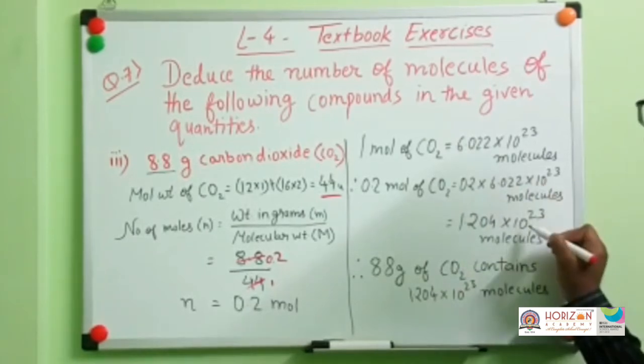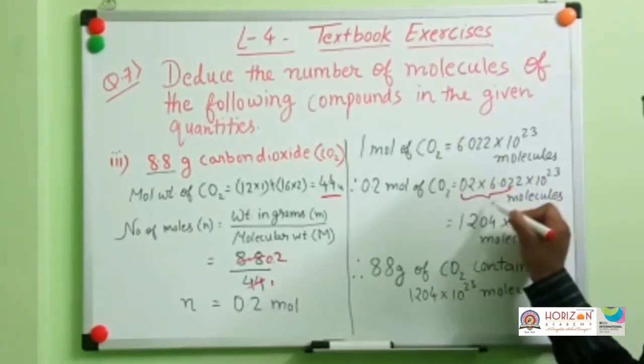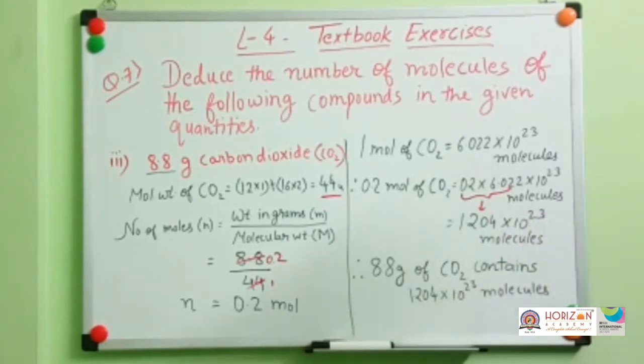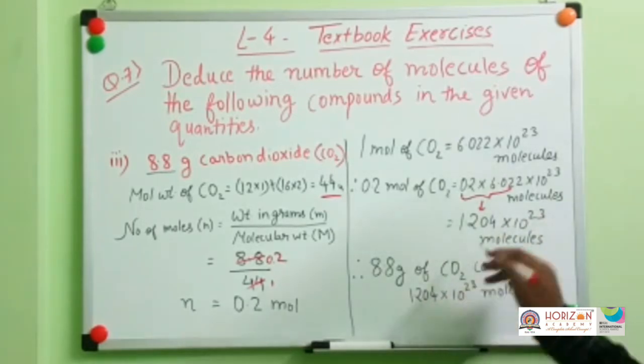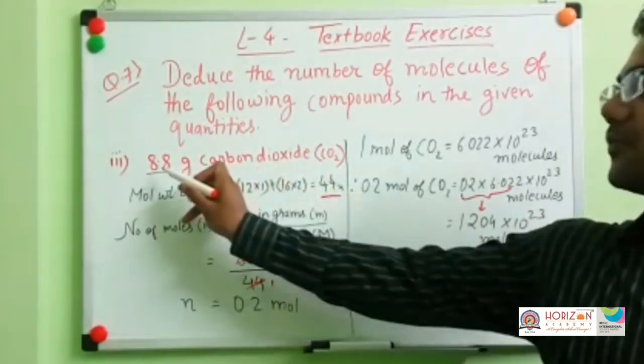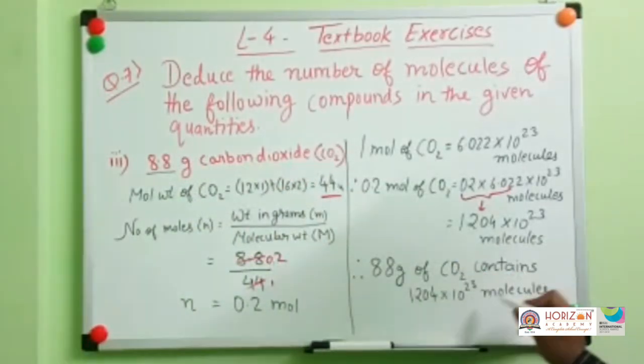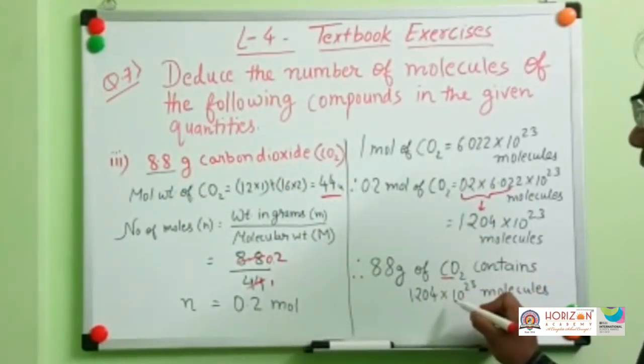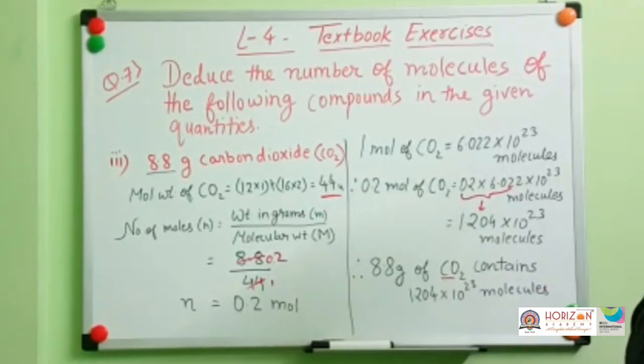This 10 raised to 23 will remain as it is. Simply multiply these two, you will get the answer as 1.204 into 10 raised to 23 molecules. So therefore, this is the final answer. Therefore 8.8 gram of carbon dioxide, that is CO2, contains 1.204 into 10 raised to 23 molecules.